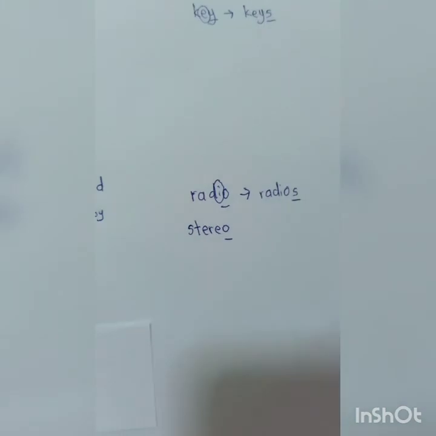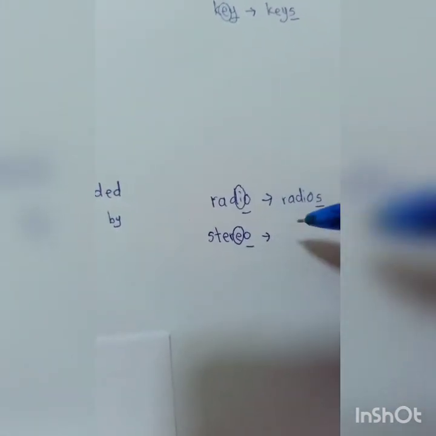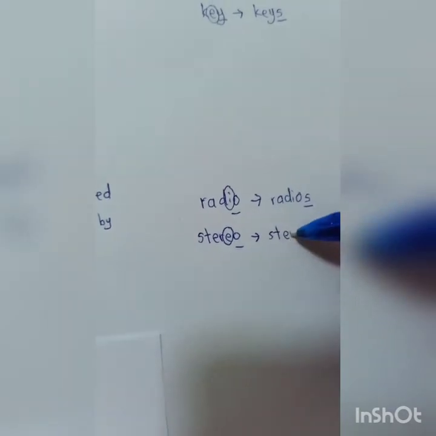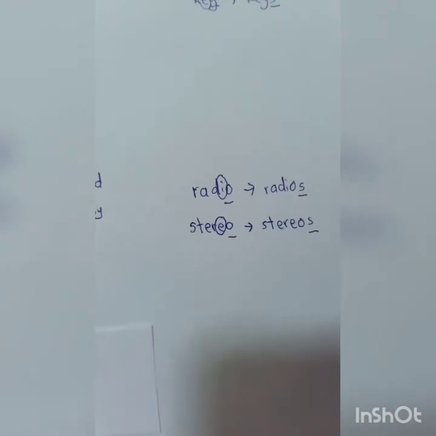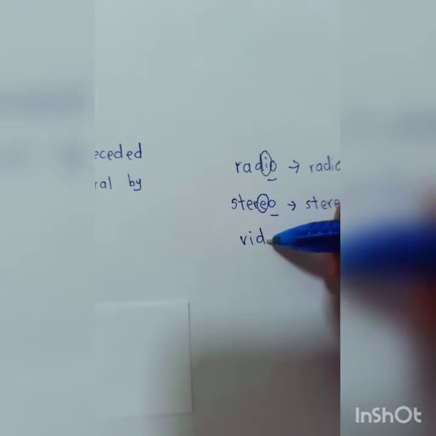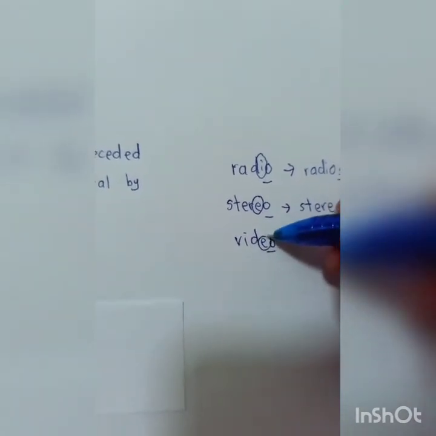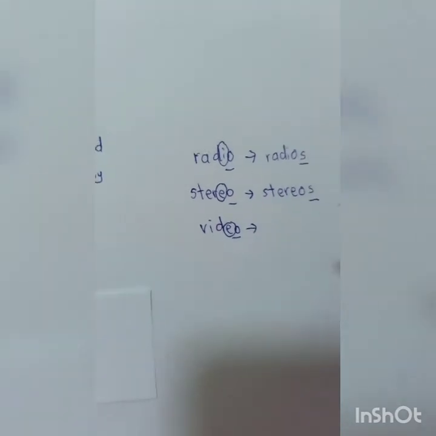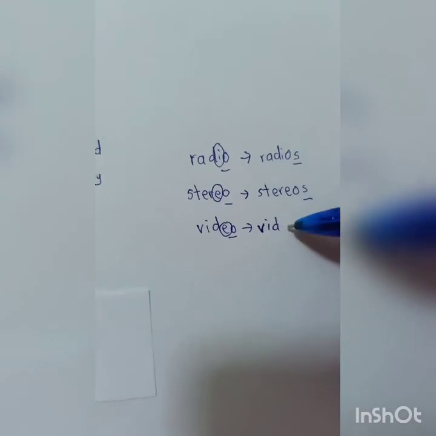It ends with O, and before O it's a vowel, so you just have to add s at the end. Video. It ends with O, and before O it's a vowel, you just have to add s at the end.